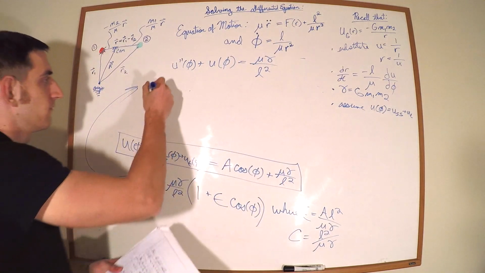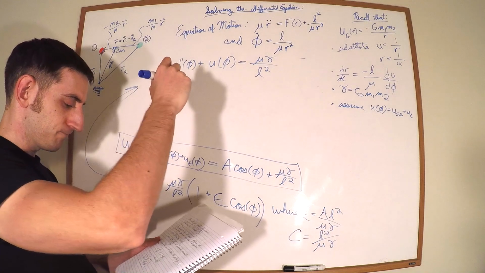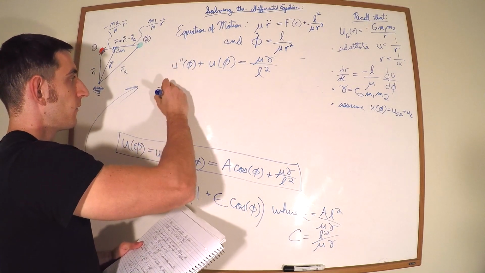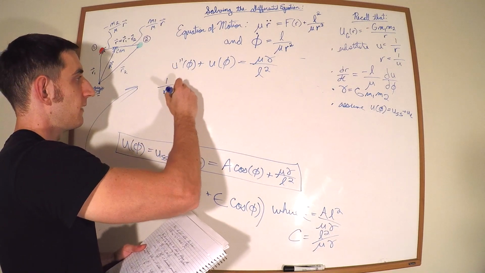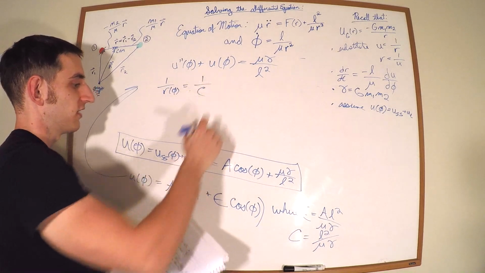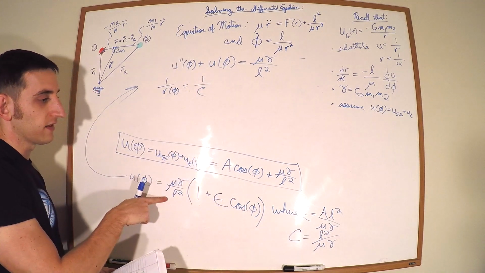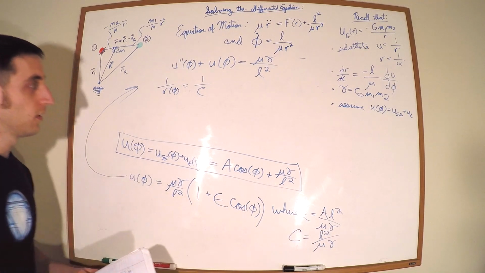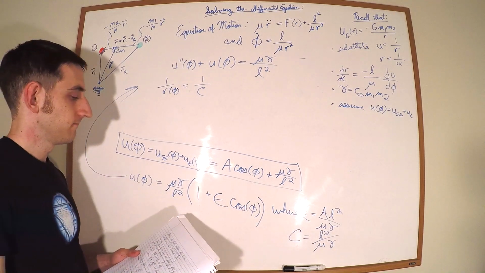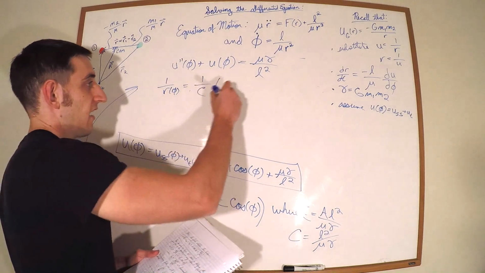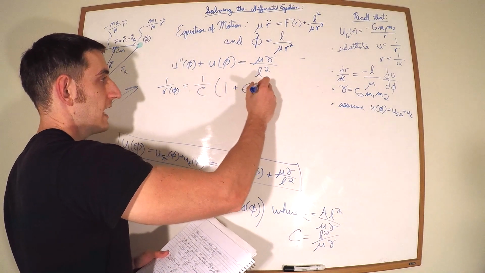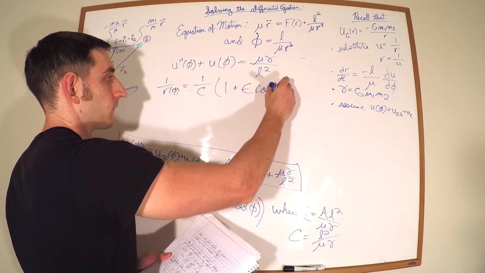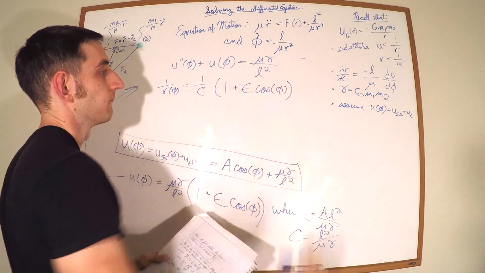This is what we get. 1 over R sub phi is 1 over C, because we're inverting this, which is equal to that. And then we have 1 plus epsilon cosine phi.